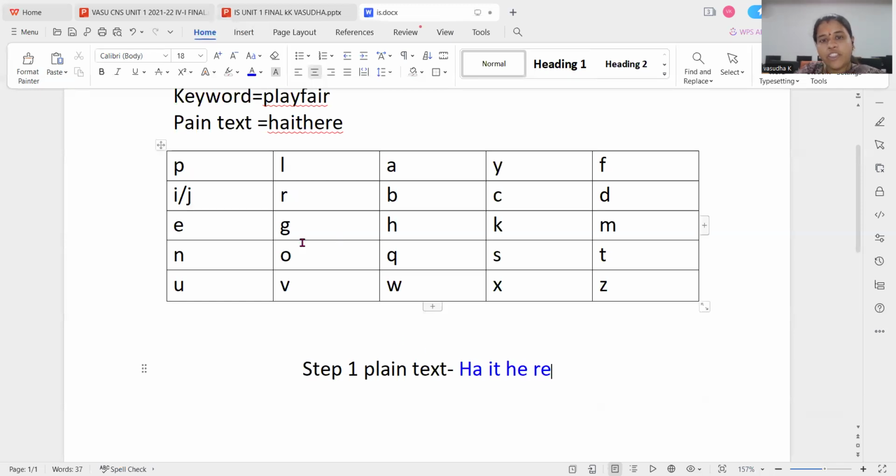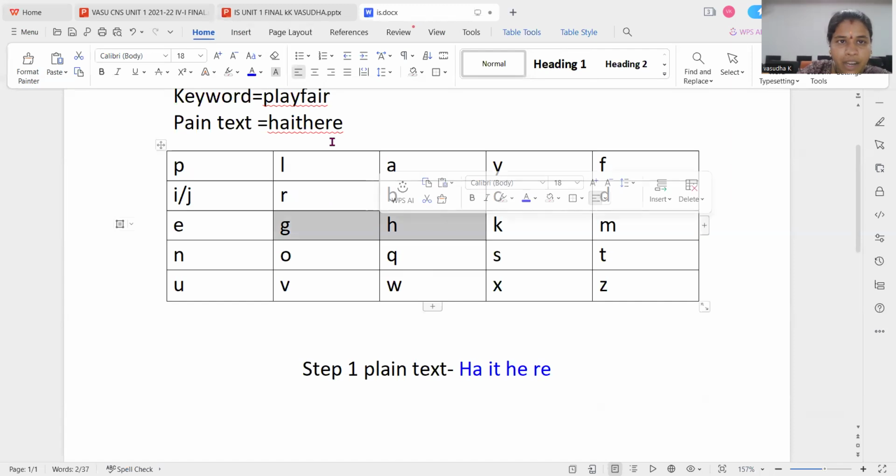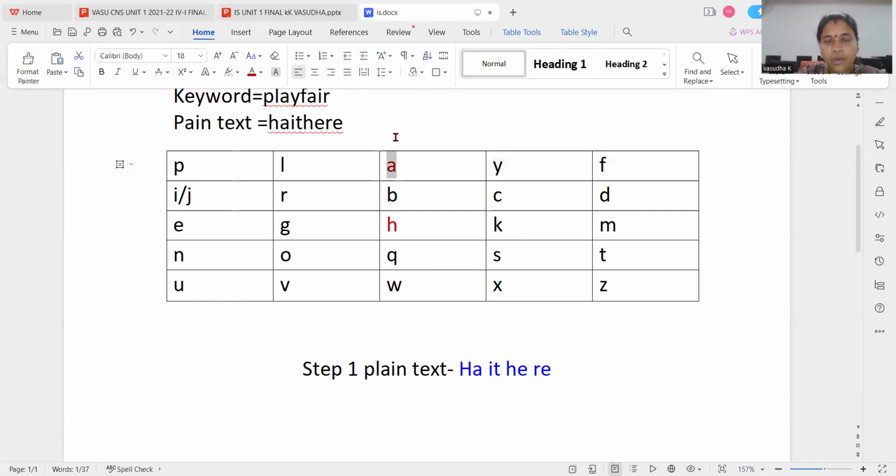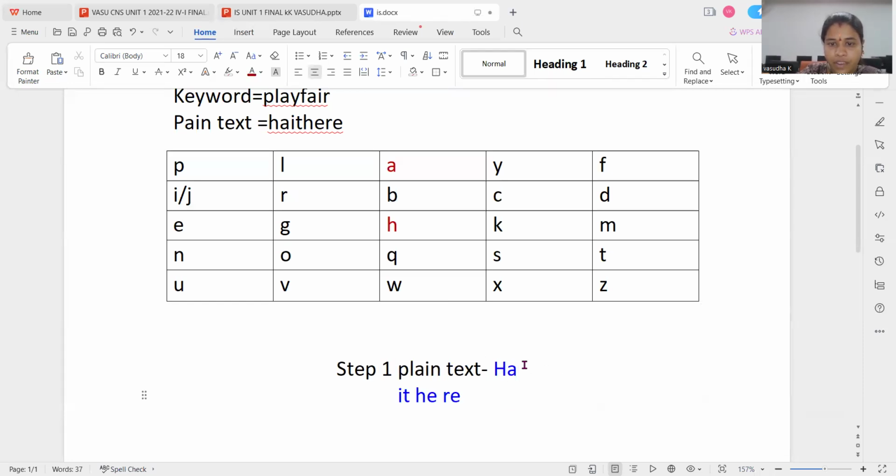For HA, first we take H, then A. Both are in the same column, so for H we need to take the next element, that is Q. For HA we write HQ, and for A the next element is B.